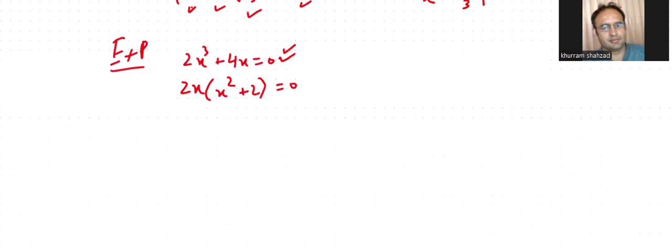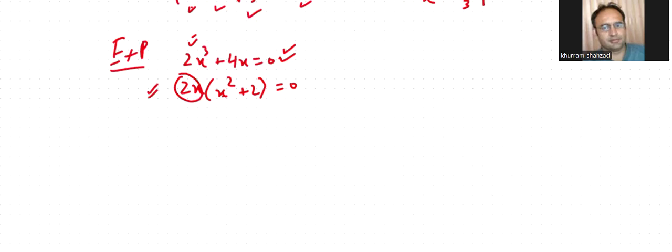If we take 2x common, we will get here x squared, because we have taken one x outside and this 2 outside. Then this 4 is divided by 2, which is equal to 2. And we will not write x here because we have taken x outside the bracket. If you multiply this 2x inside, you will get the same thing. So this is the factorization of this one.